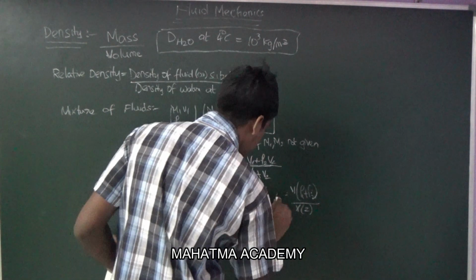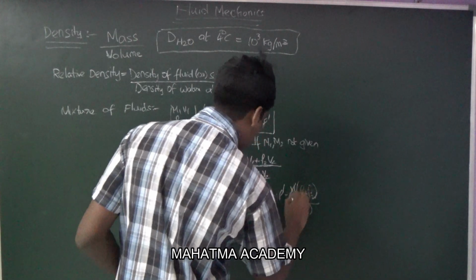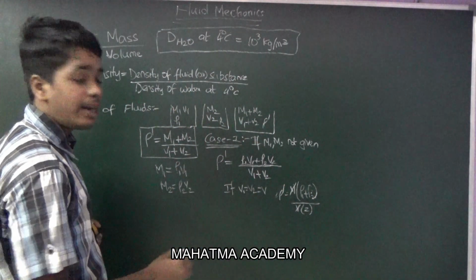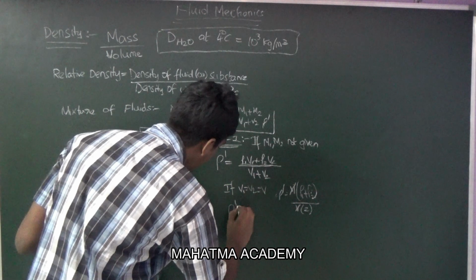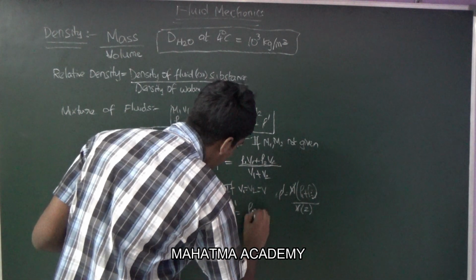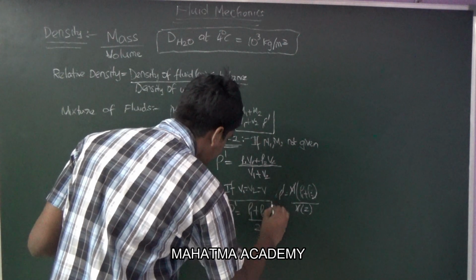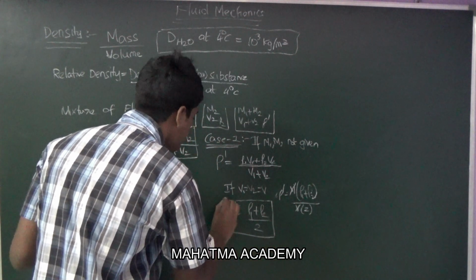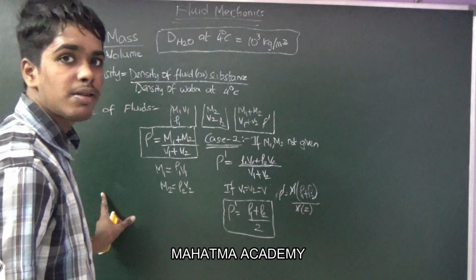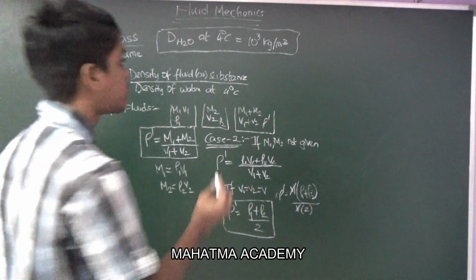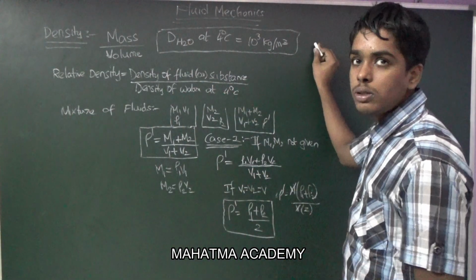Sorry students, here it is ρ dash. Now the final density will become ρ1 plus ρ2 upon 2. Okay, now we have the second case, case 2.